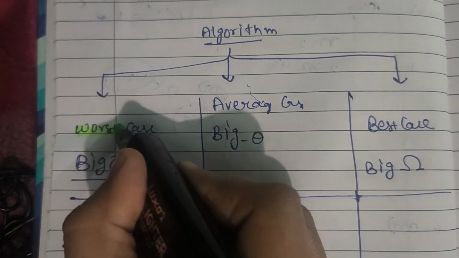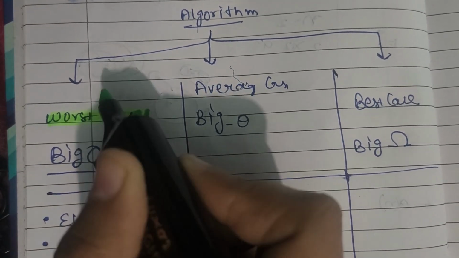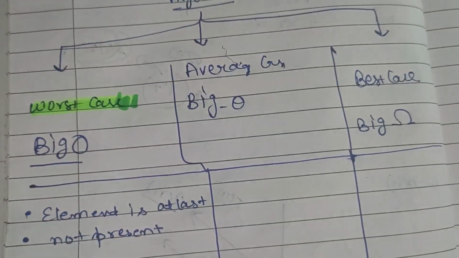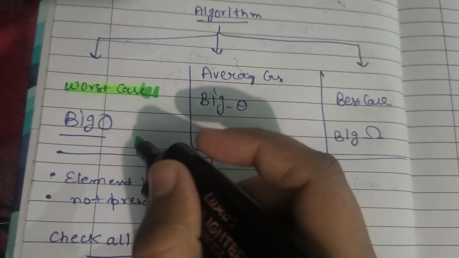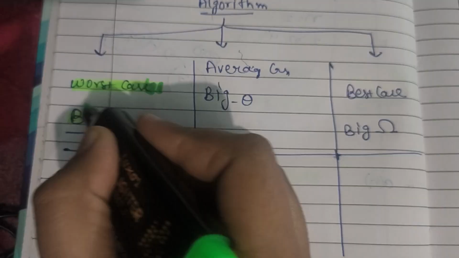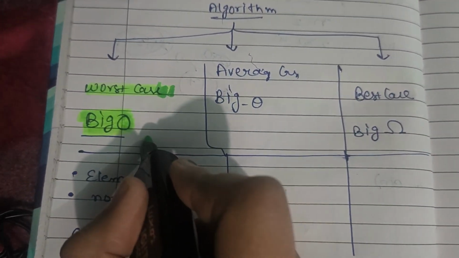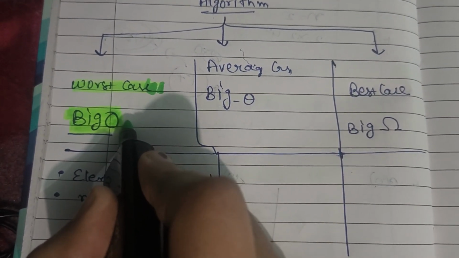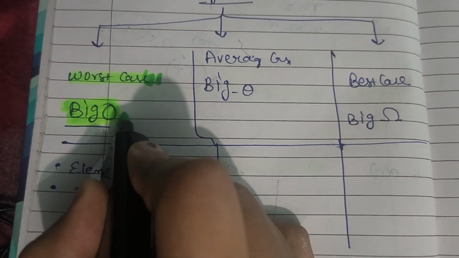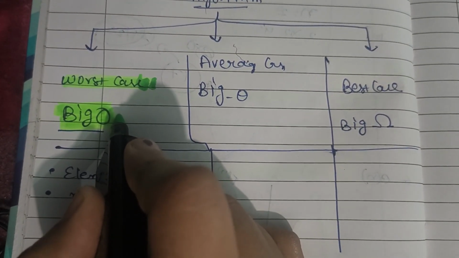Let's talk about the worst case: the maximum time an algorithm takes. In this case, the maximum time to search the name is n. n is the maximum. So the worst case is represented by big O notation, and this is the most commonly asked notation in interviews. The interviewer will mostly ask you the worst case scenario for an algorithm.